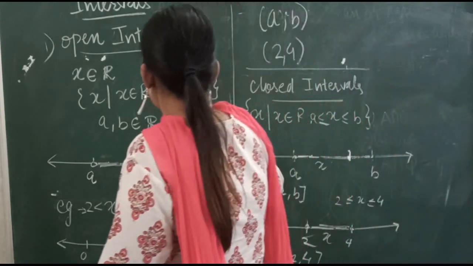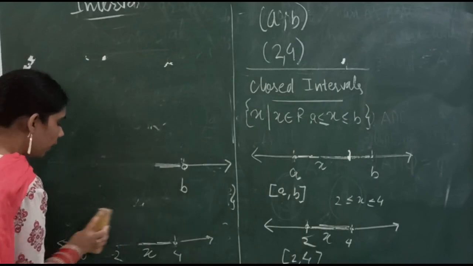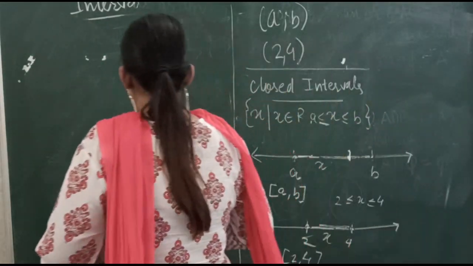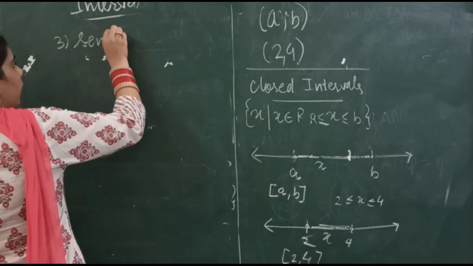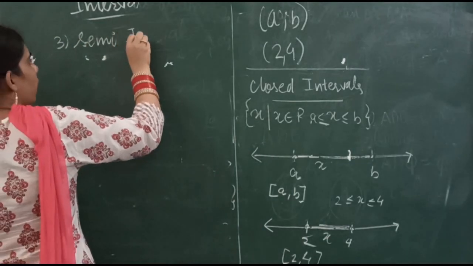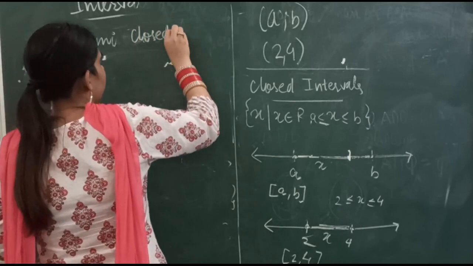So the next type of interval is the semi-closed interval. From the word semi, we can understand that it will be open from one part and closed from the other. Semi-closed interval.